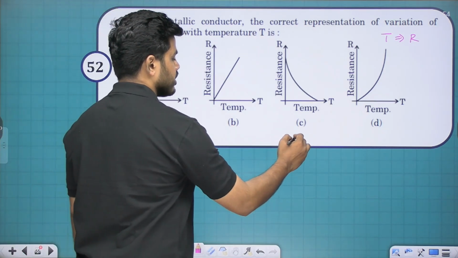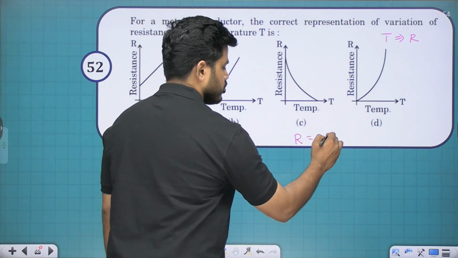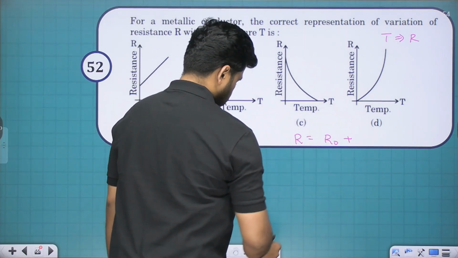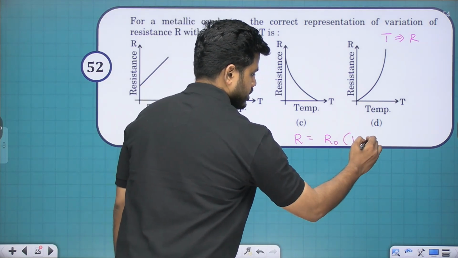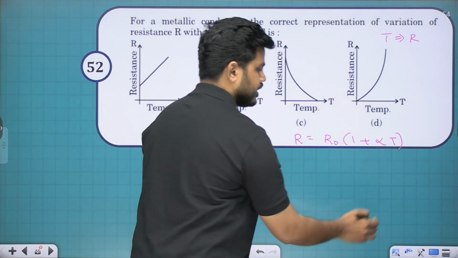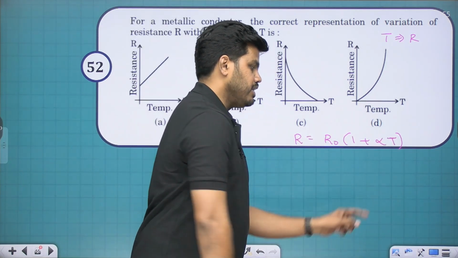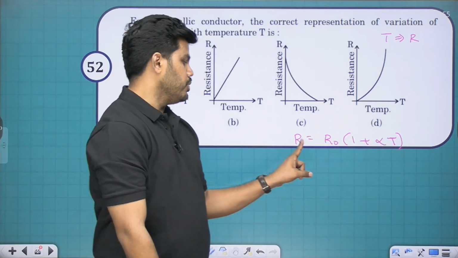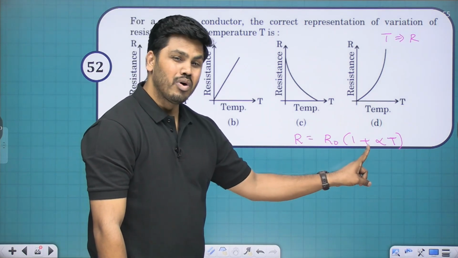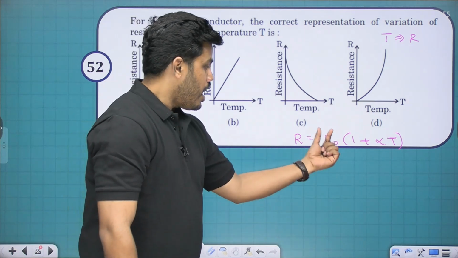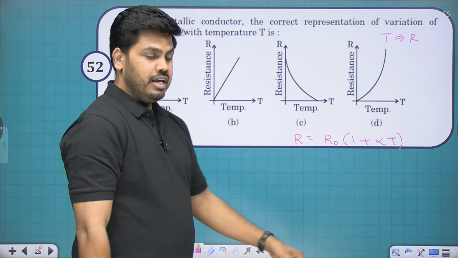We know for any given resistor, resistance at any given temperature T is going to be R is equal to R0 into 1 plus alpha T, where alpha is called the temperature coefficient of resistance. We know R0 is the resistance at 0 degree.